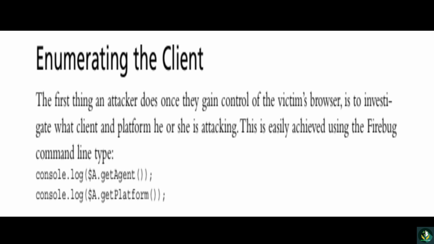However, attackers can do a lot more. In the Firebug command line, type the following two lines of code: console.dir($a.getCookies()); and again console.dir($a.getPlugins()); The getCookies function retrieves all available cookies in an easily accessible JavaScript object so that we don't have to parse the document.cookie DOM object manually.